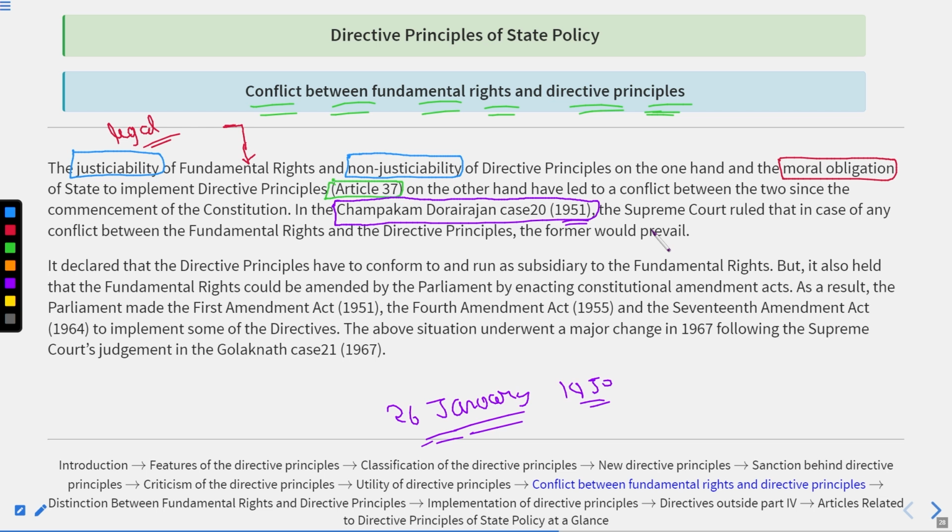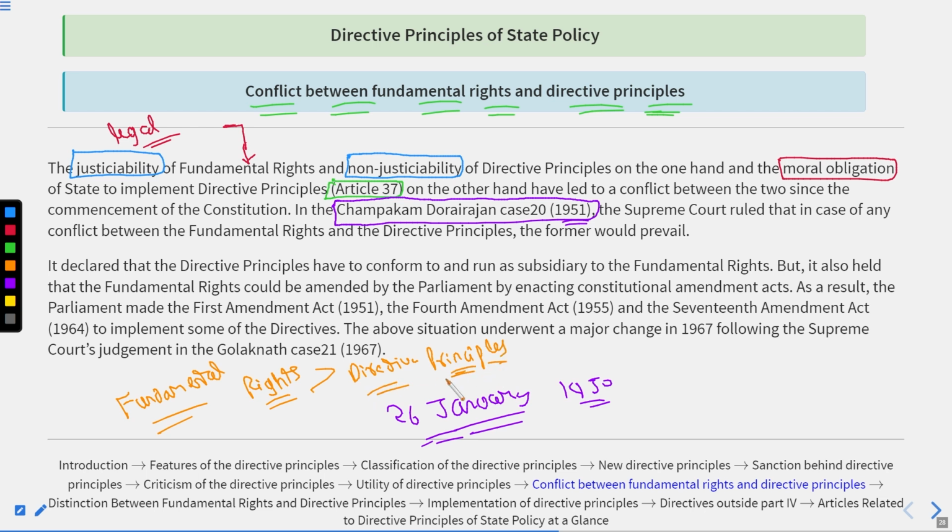It means that the weightage of fundamental rights will always be superior to the weightage of directive principles.